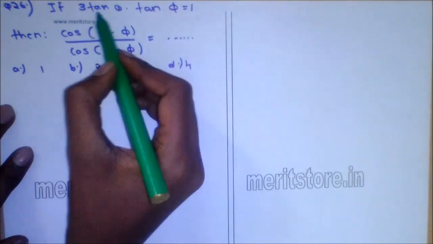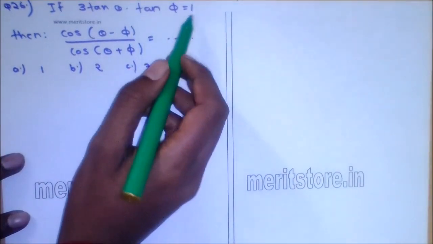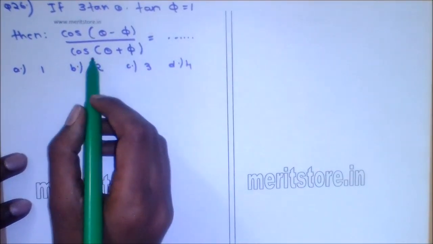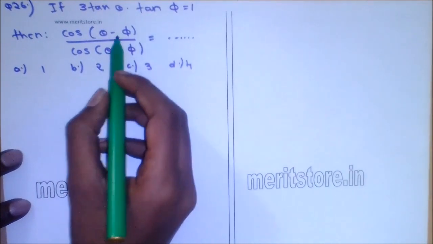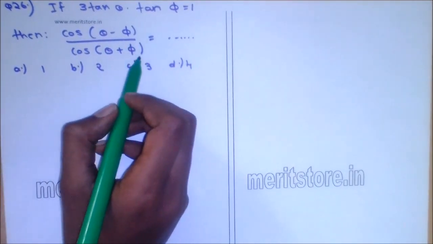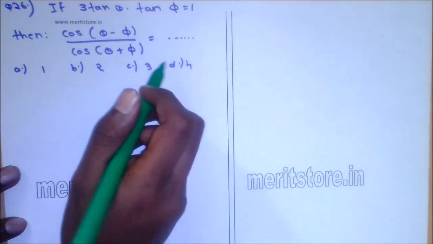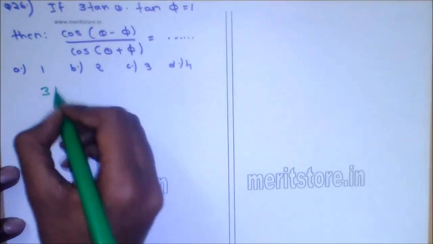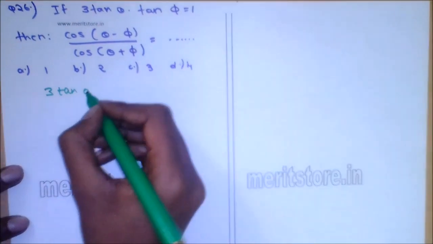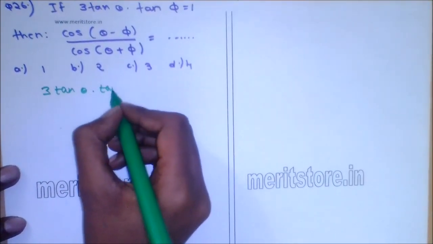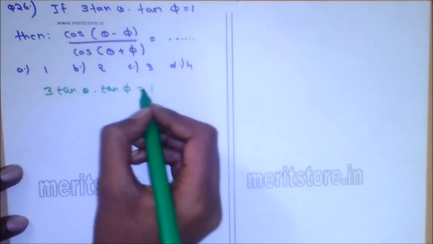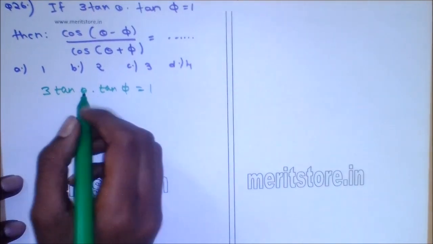It is given that 3 tan theta into tan phi is 1. So we are supposed to find the value of cos of (theta minus phi) upon cos of (theta plus phi). The options are 1, 2, 3 and 4. So consider this equation, 3 tan theta tan phi equals 1. Now we convert everything into sin and cos.